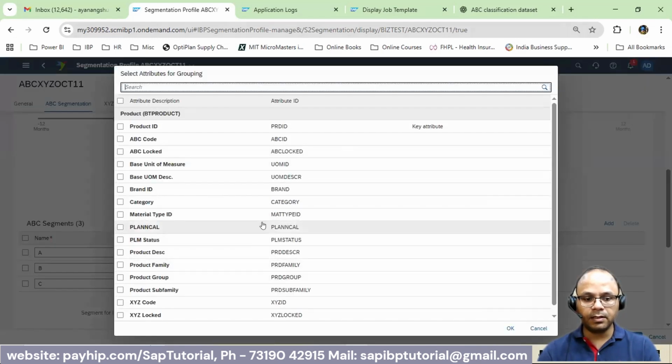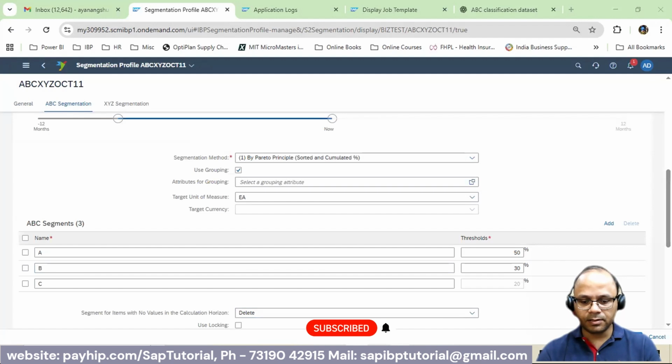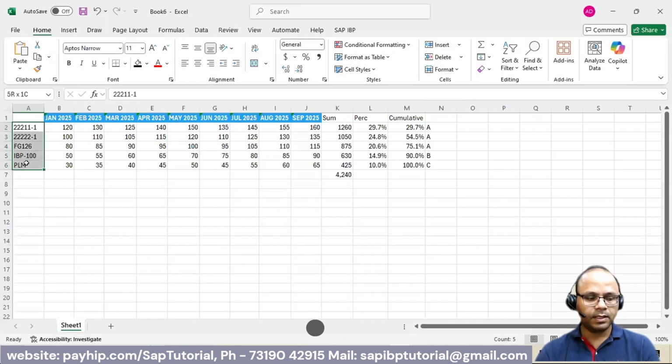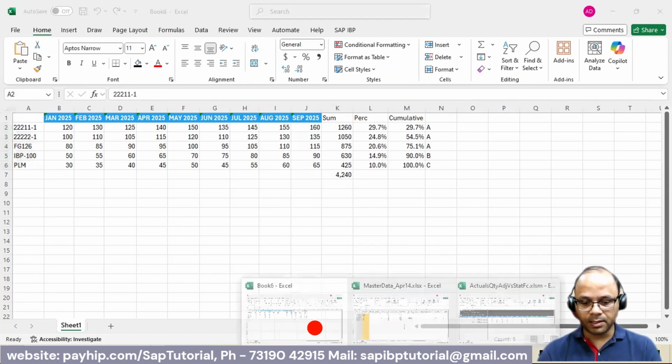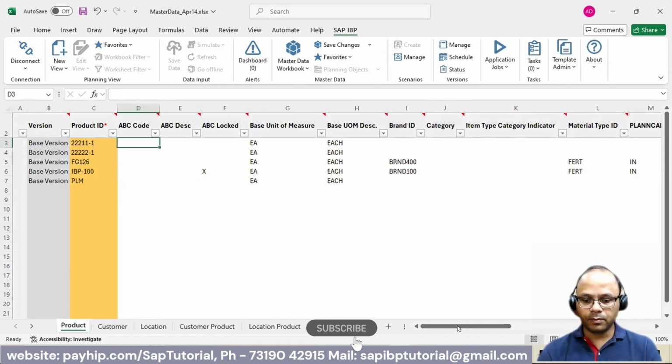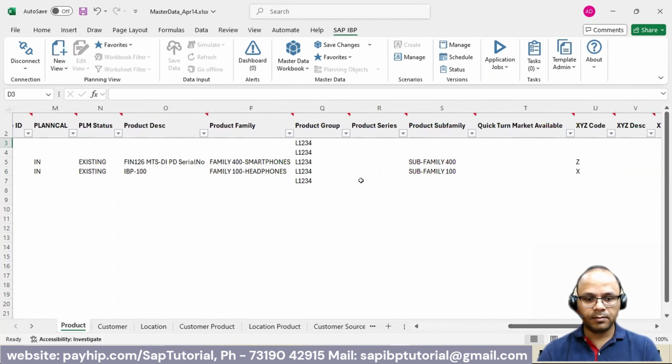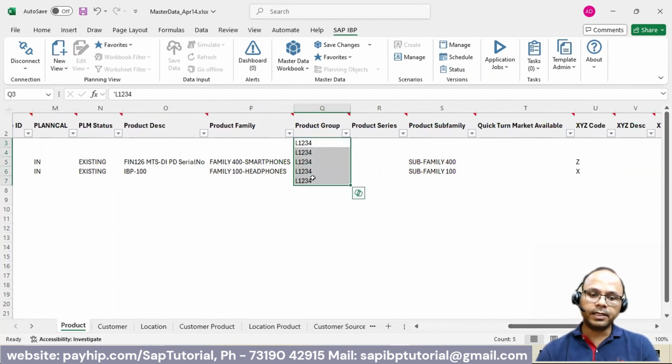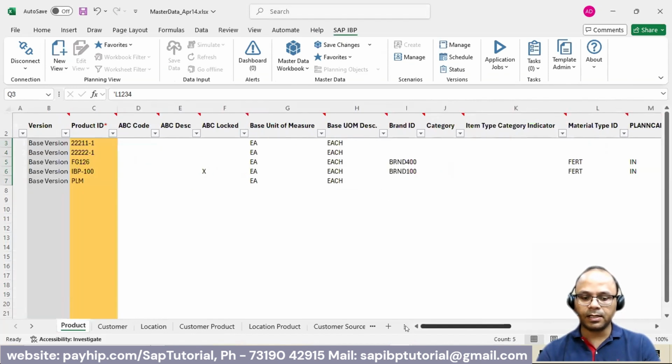So what we do is select this using group, and then we can select a particular attribute by which we want to categorize. For example, these 5 products, I know they belong to one product group. If we see in the master data, we know that these products belong to this product group. So I want only these products to be classified within this product group, right?